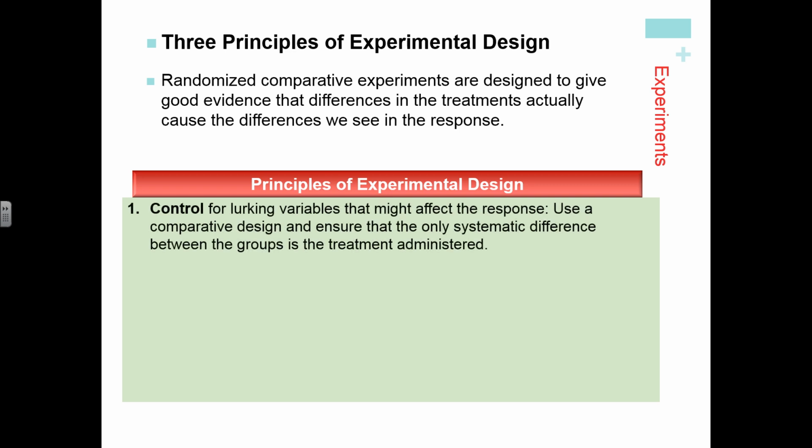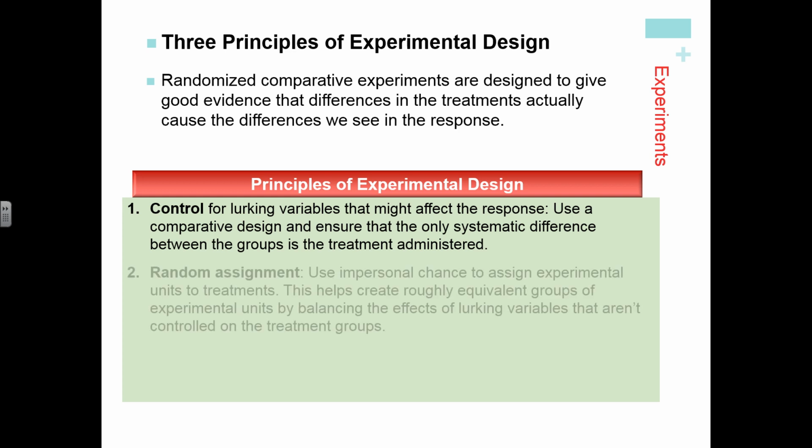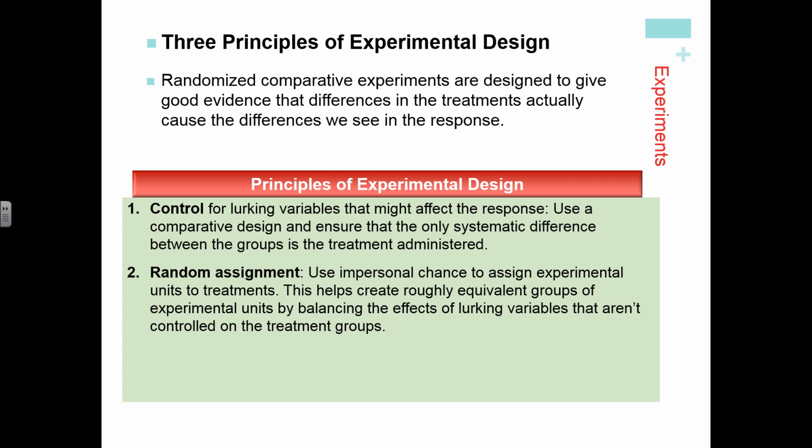All right, so basically your principles for your experimental design, you want to make sure you're controlling for lurking variables. Again, a lot of times that control group will help with that. You want to make sure you're using random assignments so that you're not putting in your own personal judgment by placing people in groups that you want them to be in.